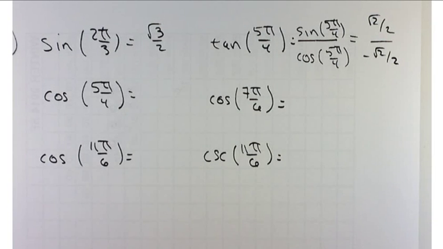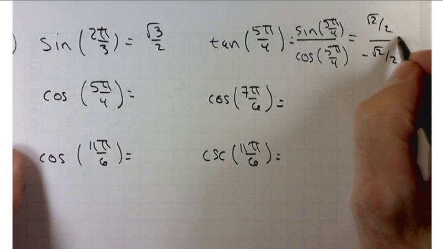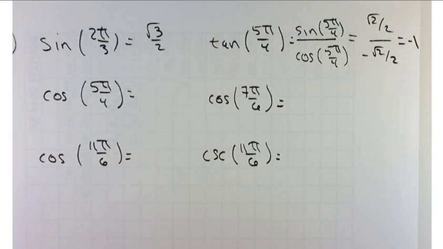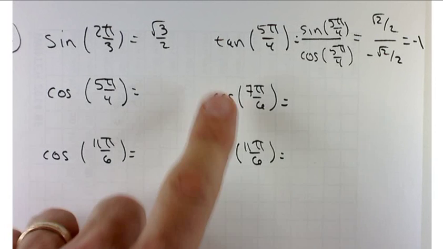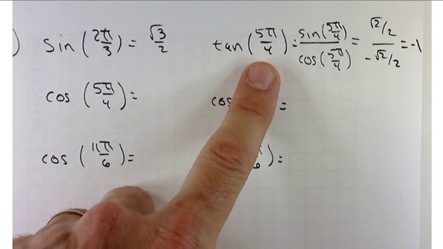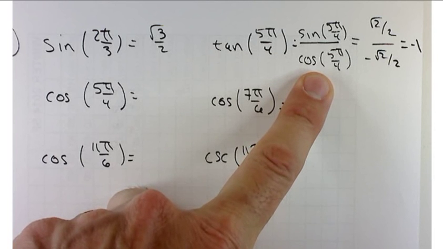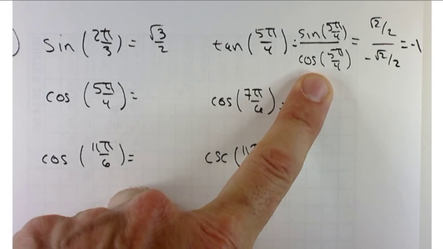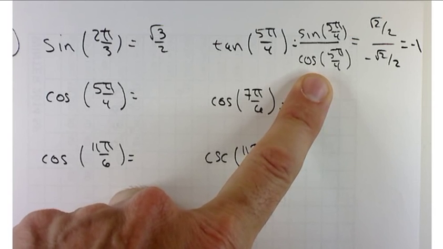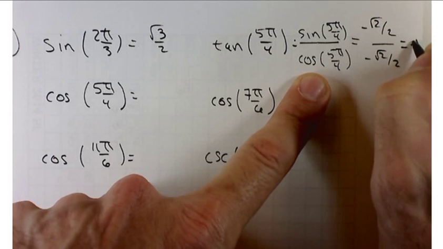Yeah, and that's going to simplify to negative 1. And that's something actually special about your multiples of 45-degree angles. Pi over 4. Did I get these backwards? Let's see. No, let's see. 5 pi over 4. Yeah, that's quadrant 3. Oh, they'll both be negative, yeah. So it'll be positive. Thank you.